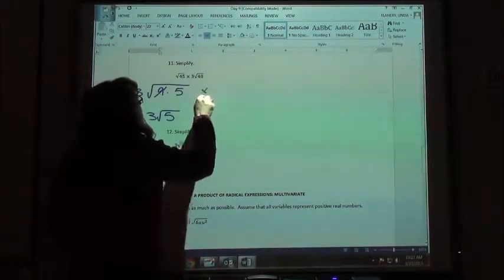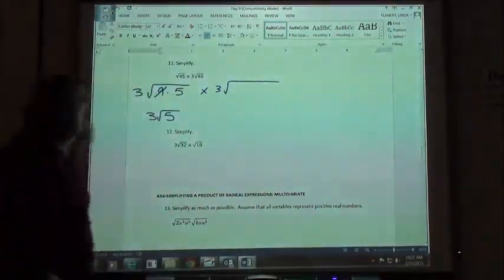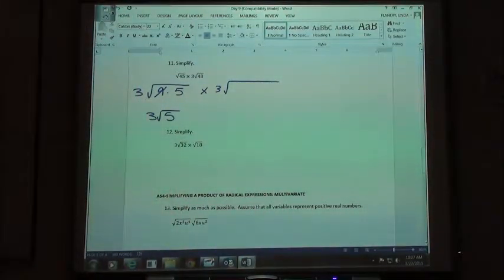And I have 3 square root of 48. 48 we want to factor the biggest perfect square that goes into 48. 4?